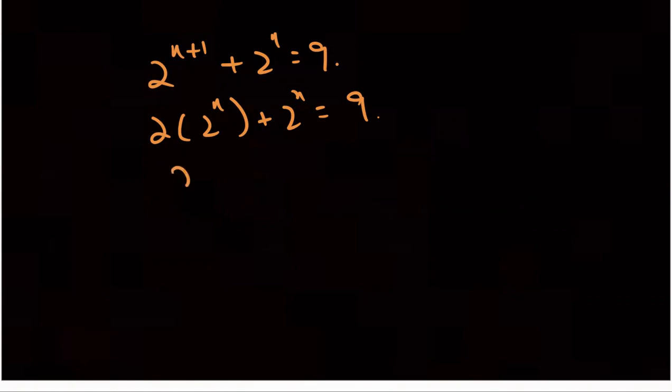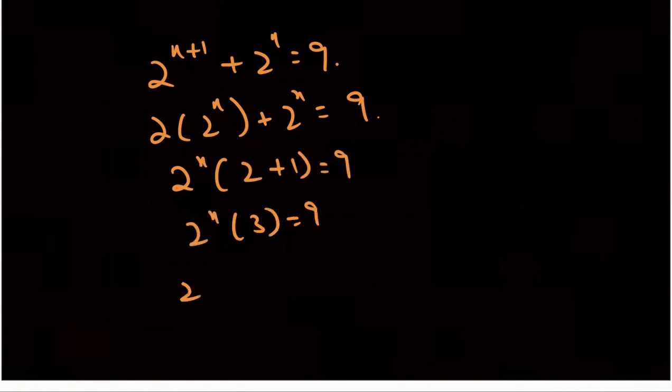So if I take 2 power x as common, it becomes 2 power x into (2 plus 1) is equal to 9. So 2 power x into 3 is equal to 9. 2 power x is equal to 9 over 3, which is 3.